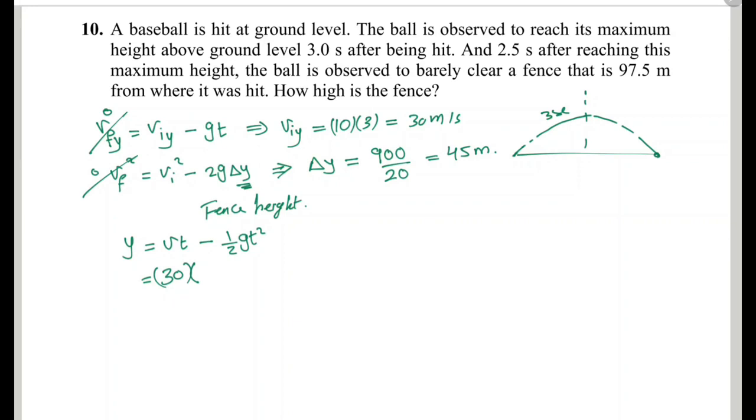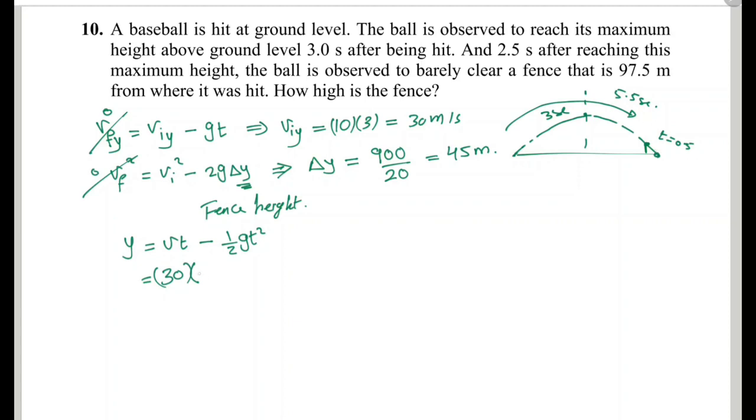But in this case, it takes 3 seconds to reach the maximum height, and the fence, it hits the fence right here, this one here, at t equal to 0.5 seconds or t equal to 5.5 seconds. So it's either 0.5 or 5.5 seconds. Both will get the same answers.